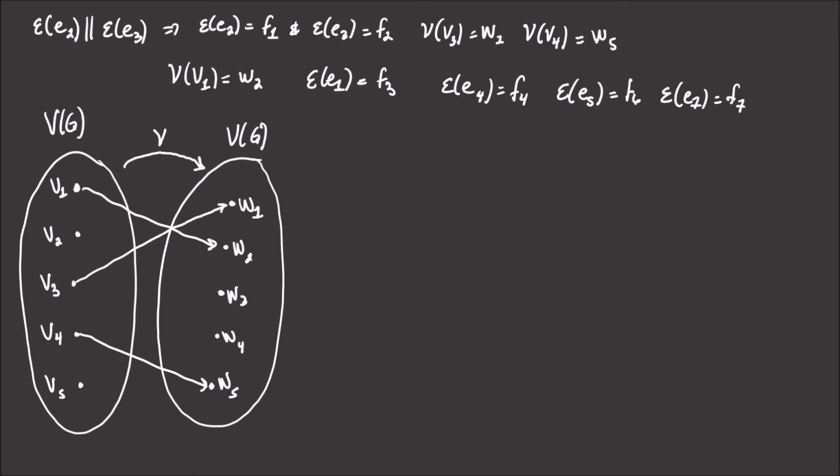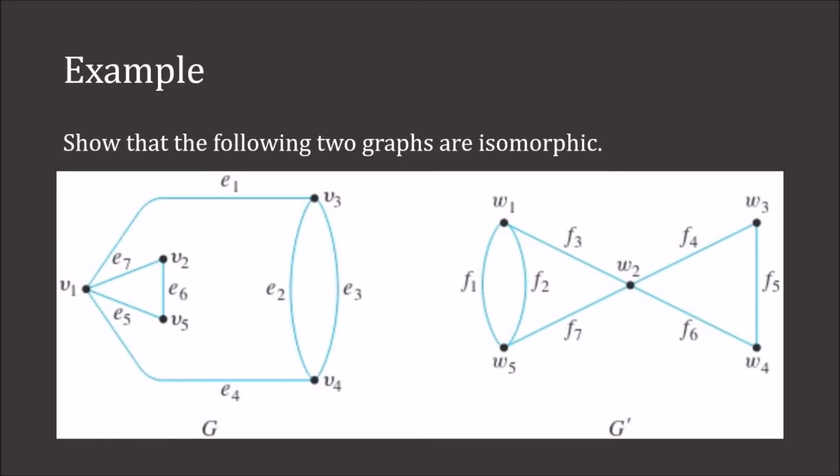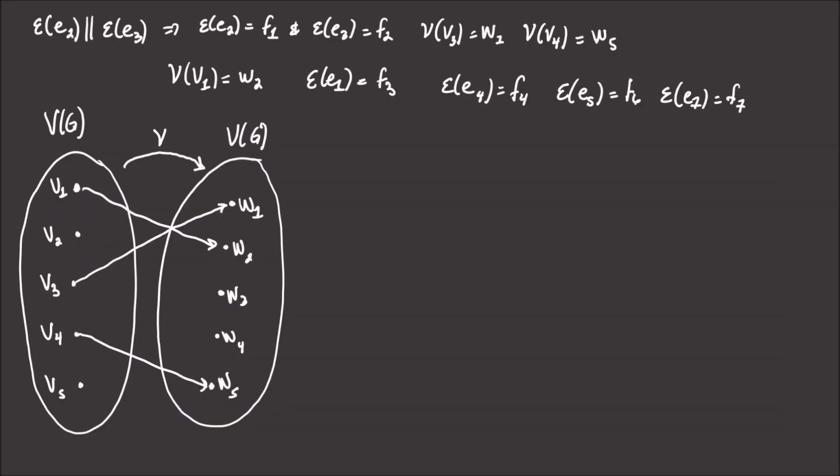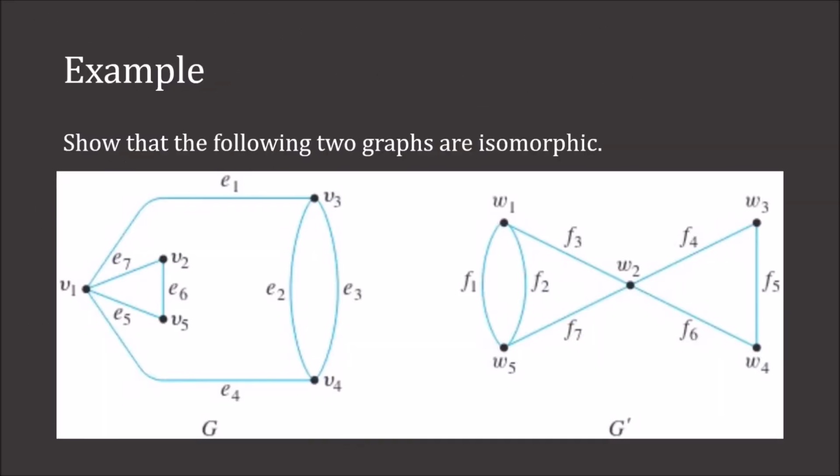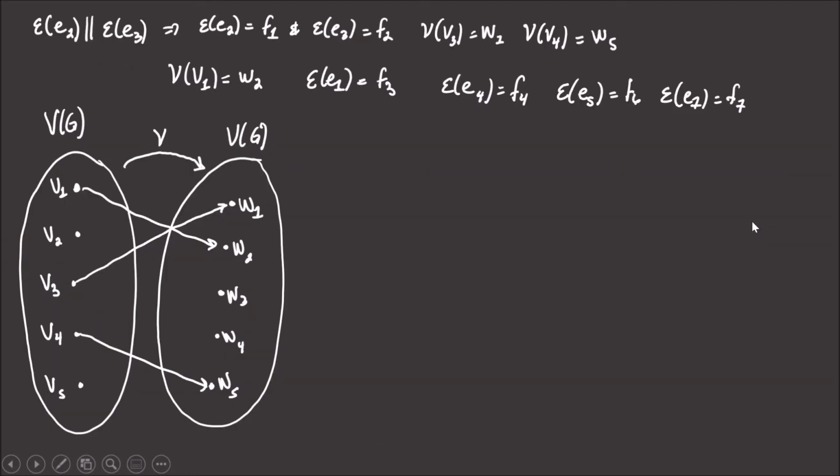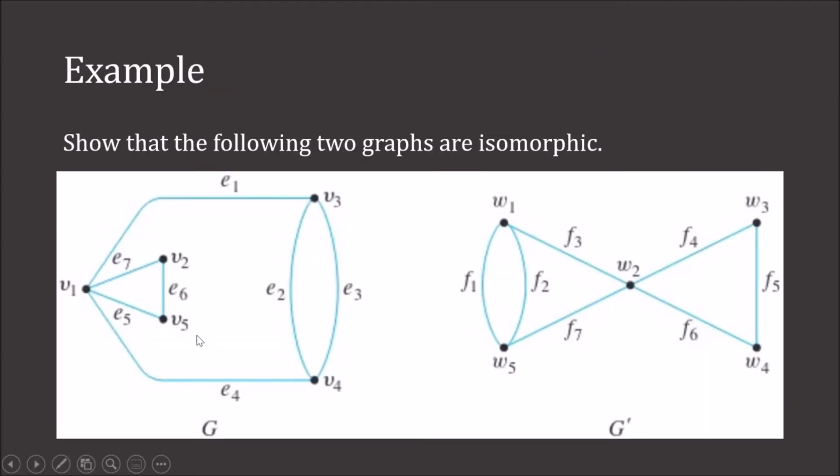That leaves us now with V2 and V5. We can send V2 to W3. And then V5 would go to W4 by process of elimination. And we can verify they do have to be connected by an edge, and they are.